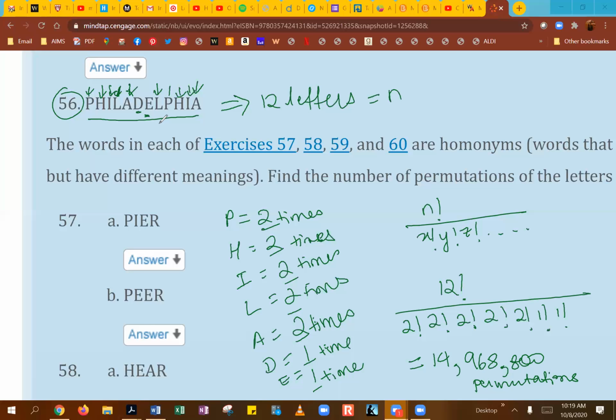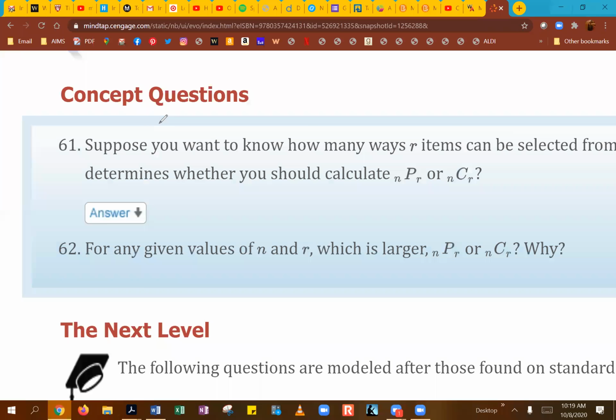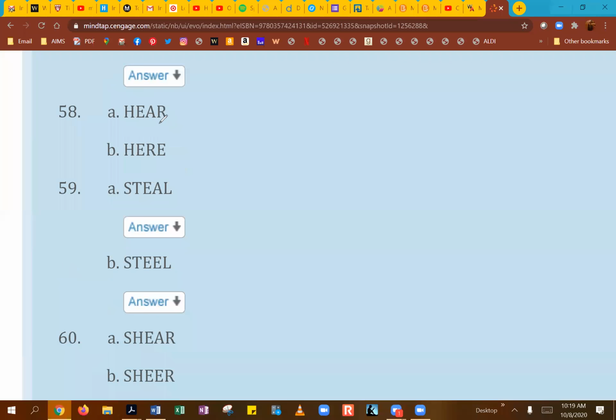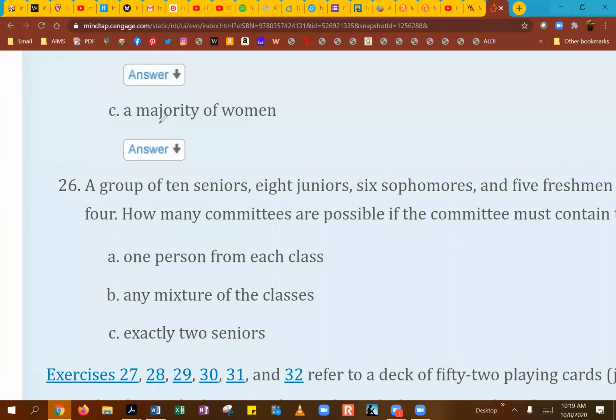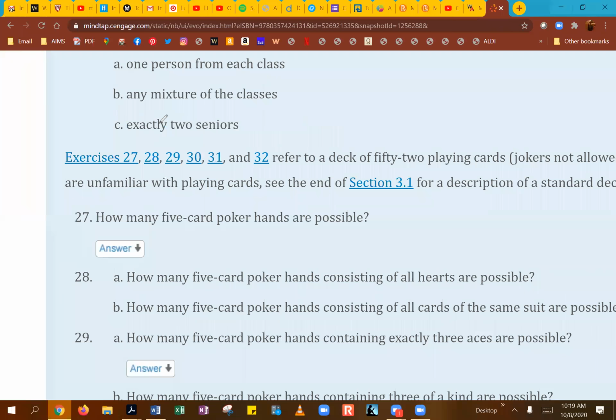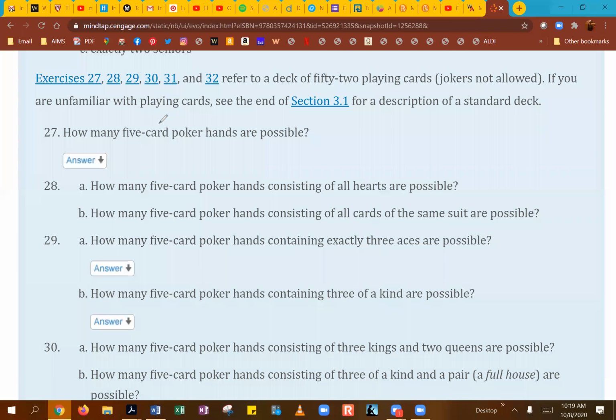Okay, so let's clear this out. I actually wanted to look at just a couple more examples from here. So let's look at number 28. This one is talking about, as your instructions say, refer to a deck of 52 playing cards.